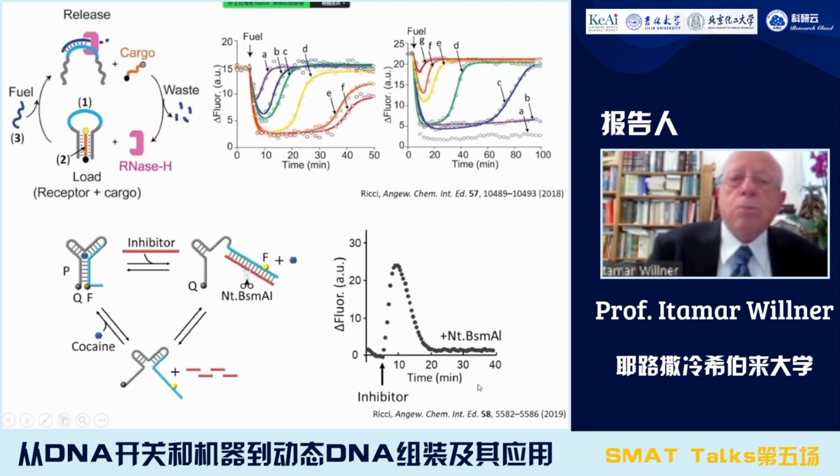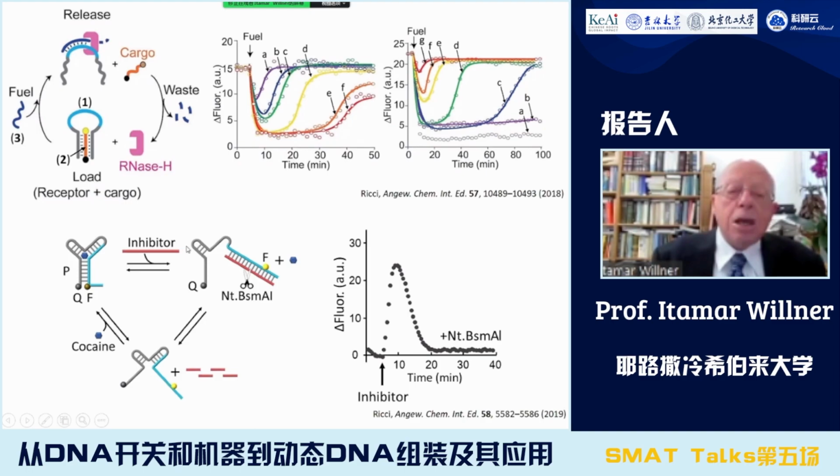Now, what can we do, again, with these dissipative structures of DNA? I'm going to show you a few possible applications. One is, for example, to release a load. Here we can see a DNA aptamer, the cocaine aptamer, that includes cocaine as a load.